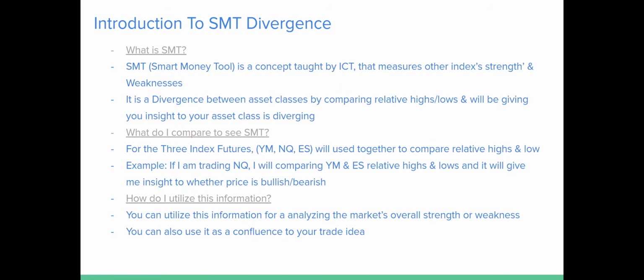Example, if I'm trading NQ, NASDAQ, I will be comparing YM and ES, their relative highs and lows, and it will give me insight to whether price is diverging, bullish / bearish. So in the next slides here, you're going to see a chart, a visual representation of what it looks like. How do I utilize this information? You can utilize this information for analyzing the market's overall strength or weaknesses. You can also use it as a confluence to your trade idea.